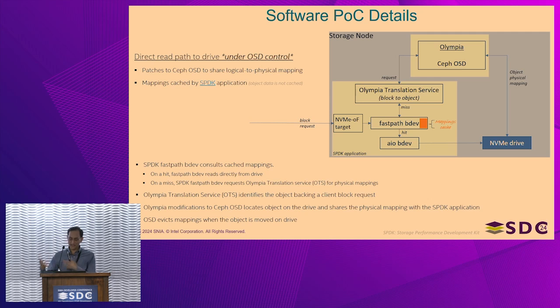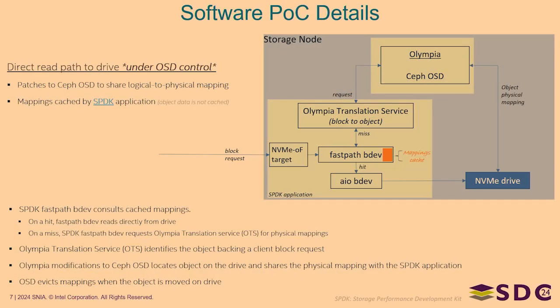I'll explain that as part of an IO flow. You get a block request. It's terminated in the NVMe-over-Fabrics target module, and that hands it off to the block device that's responsible for the namespace which this IO request comes in for. We call it the fastpath BDev. This BDev maintains that cache of mappings, right?